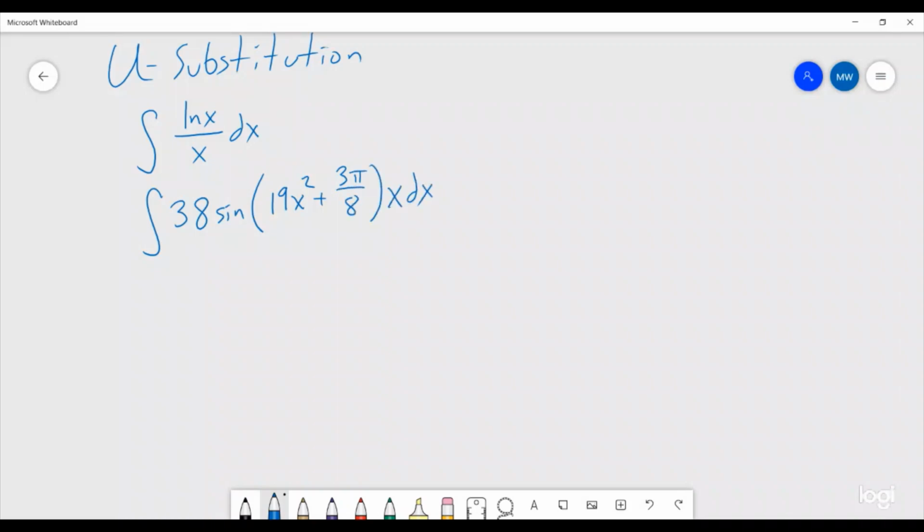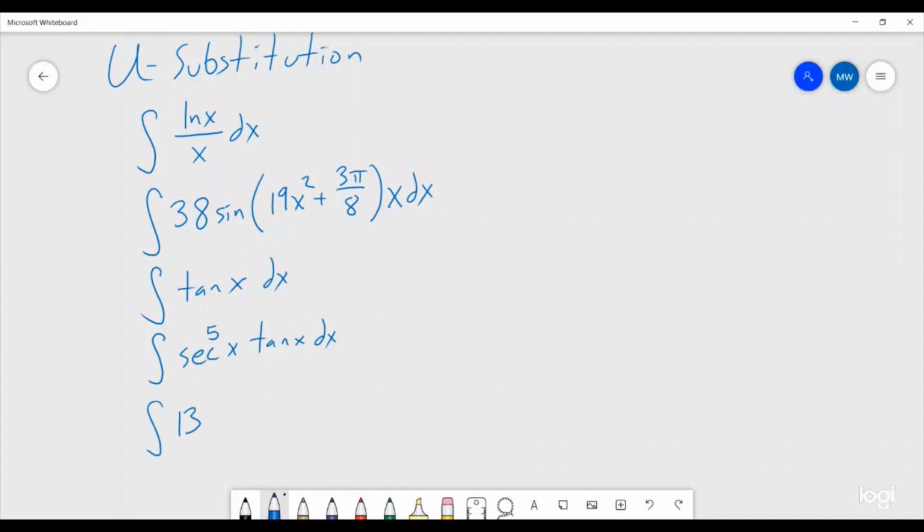We have the integral of tangent x dx. We have the integral of secant to the 5th x tangent x dx.